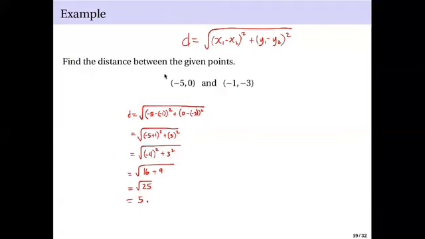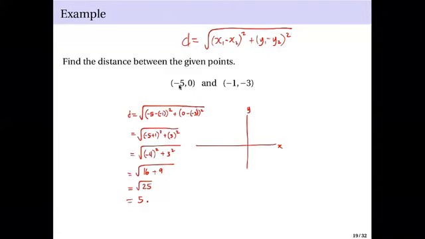If I ask you to graph these points first, let's just draw any horizontal and vertical lines. So in here, this is your x-axis, this is your y-axis. And then you want -5, 0.